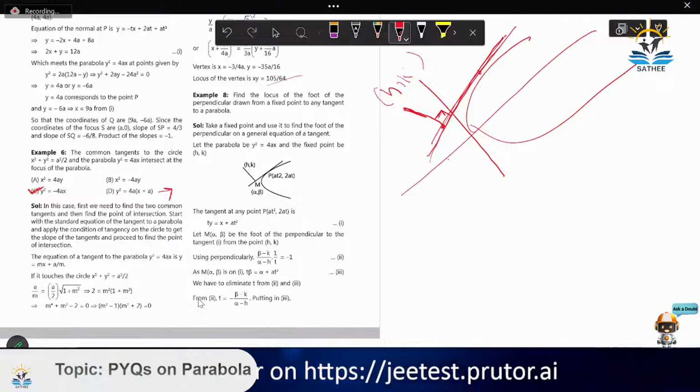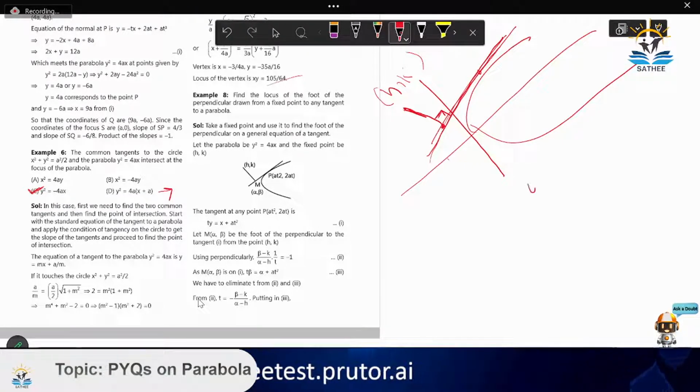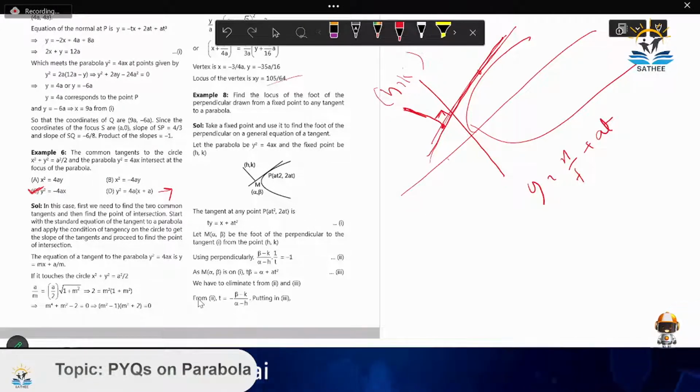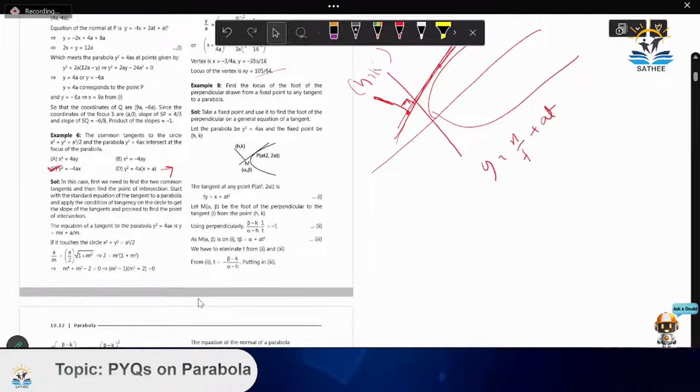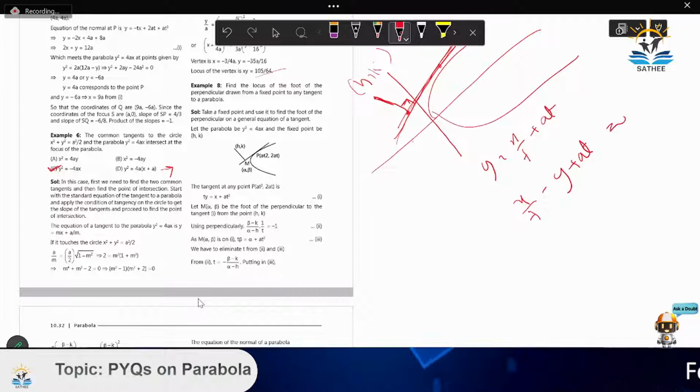So we know what a normal parabolic tangent looks like: y is equal to x by t plus at. And now I'm dropping my perpendiculars from h comma k. So x by t minus y plus at is my equation, and the perpendicular coordinates I have to calculate, right?